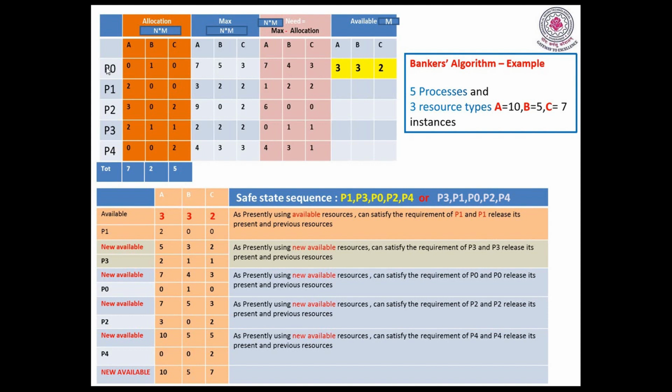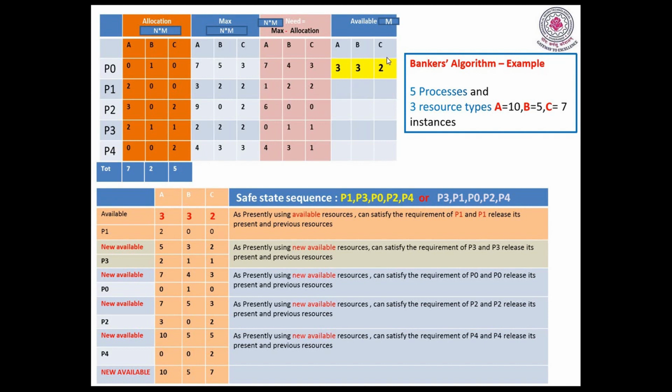Then moving to the next process. Next process requirement 1, 2, 2. So A type is 1, less than or equal to freely available 3, condition true. Next B type requirement is 2, 2 less than or equal to 3. Then C type 2 less than or equal to 2, condition true.